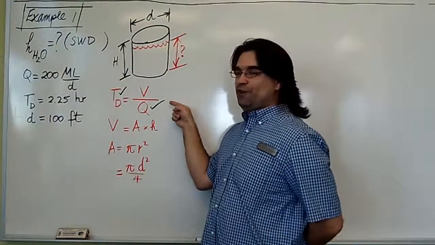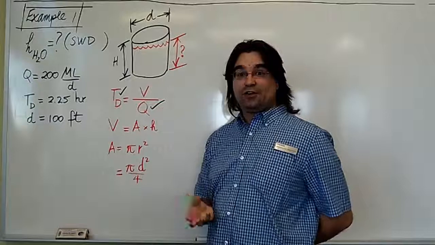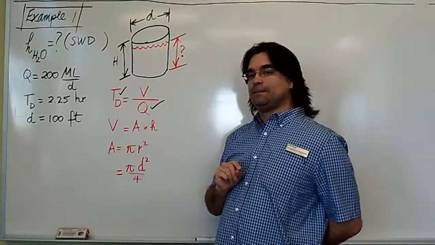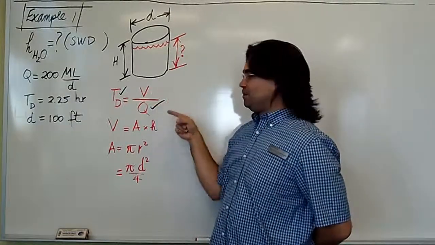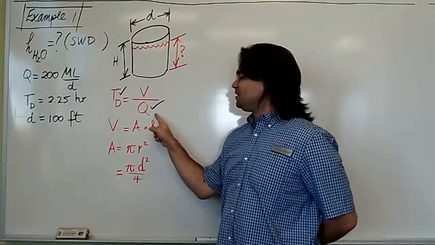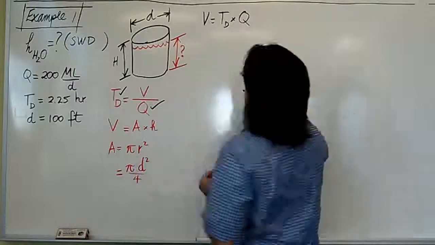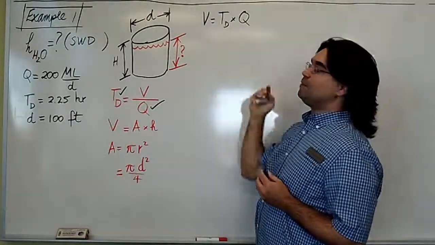By using this formula and solving for the volume, I can calculate the volume of water in this tank. Then, after I calculate the volume of water, by rearranging this formula, I can calculate the height of water. So I rearrange this formula in terms of the volume of water.